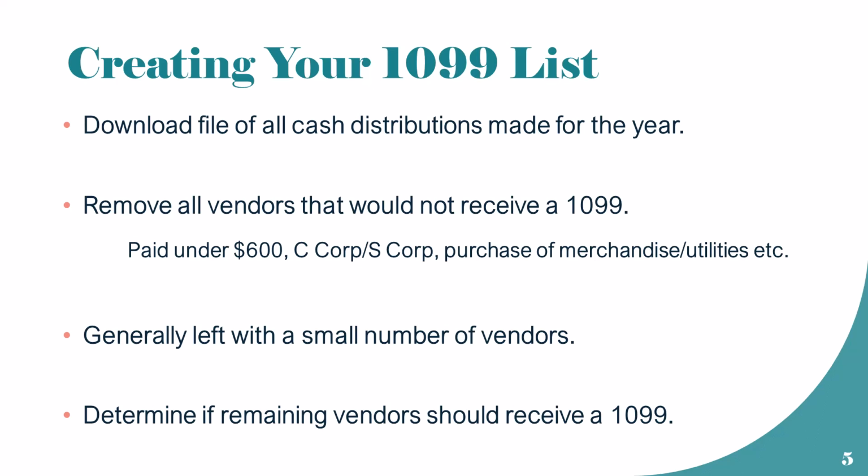I just start off by removing a lot of vendors. And what I find is when I remove all of those vendors, I'm typically left with a handful of 1099 or possible 1099 vendors. And from there, I'll go through and determine if that vendor should receive a 1099.